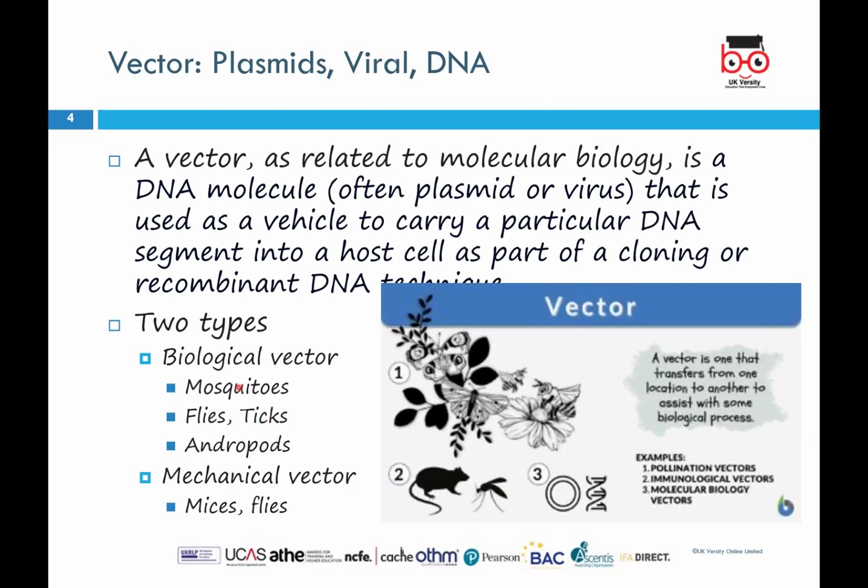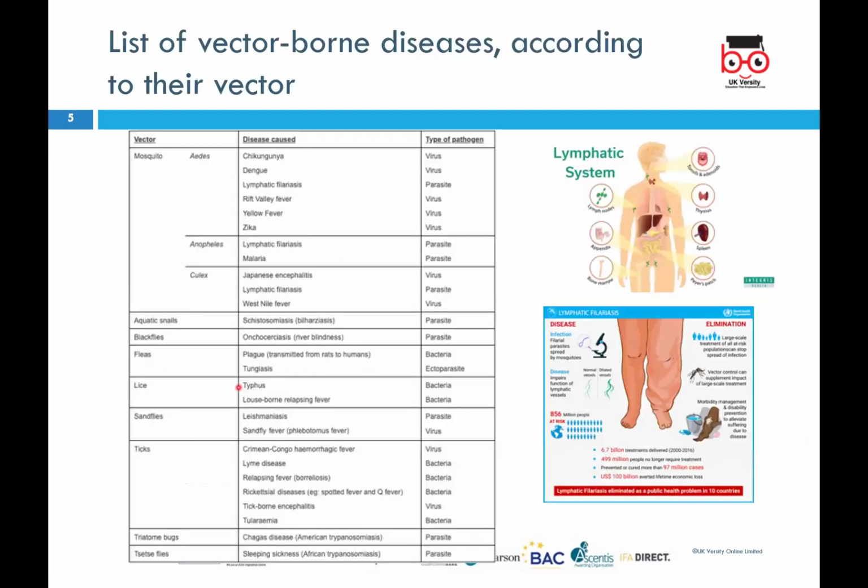There'll be more reproducing. So that is the difference between a biological vector and a mechanical vector. This is a list of vector-borne diseases according to the vector.